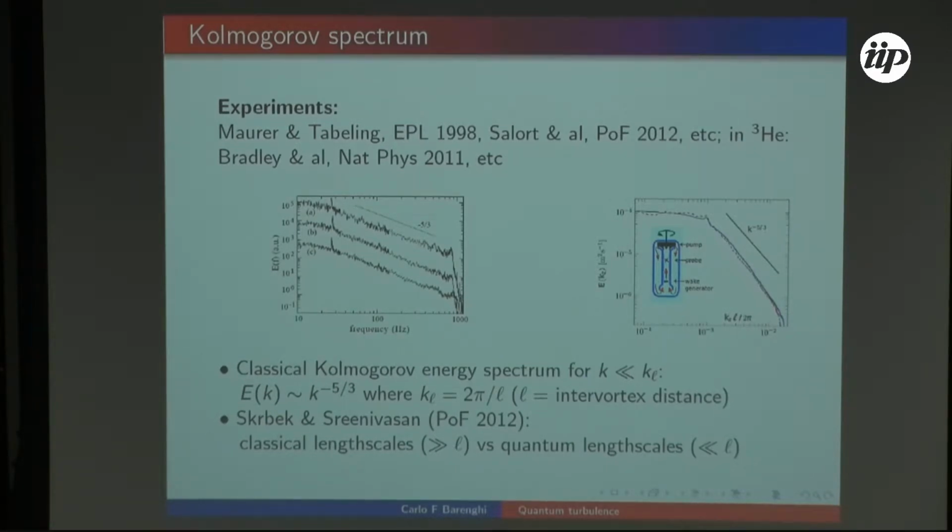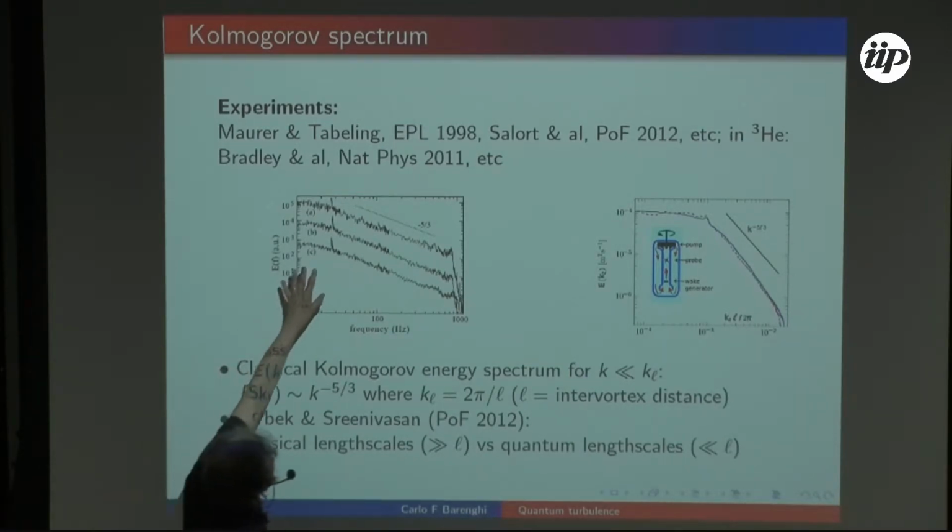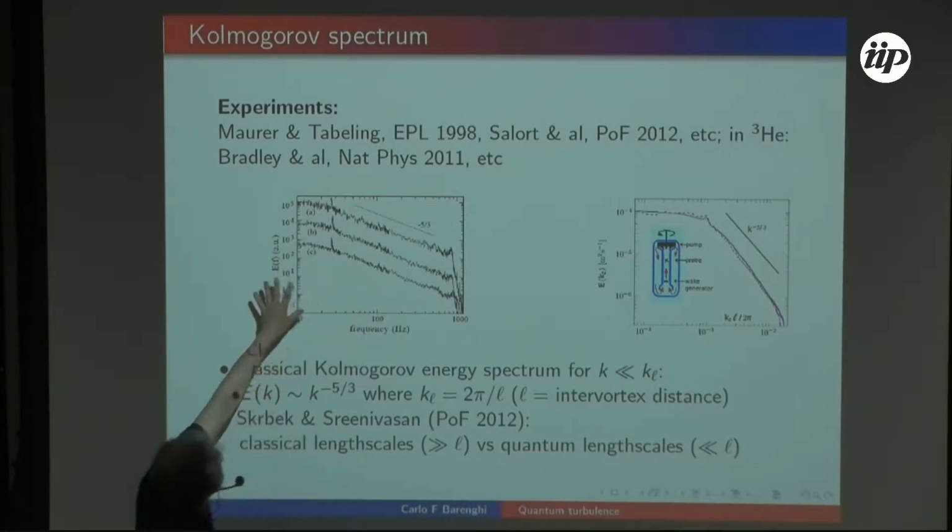It's important here to notice that the first line, the line A, is taken at temperatures above the lambda point where liquid helium is just a cold liquid. Very low viscosity, but a classical fluid. So 5/3 is expected.